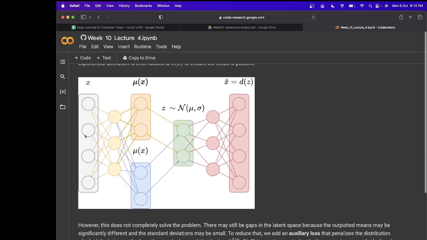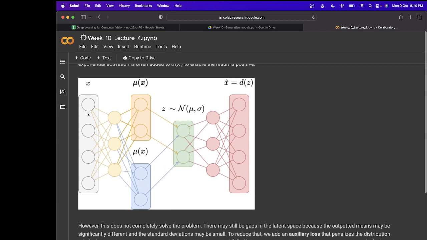So here there are twofold activities. One small mistake is here: from the x, you are supposed to predict the mu of x and the sigma of x, right?